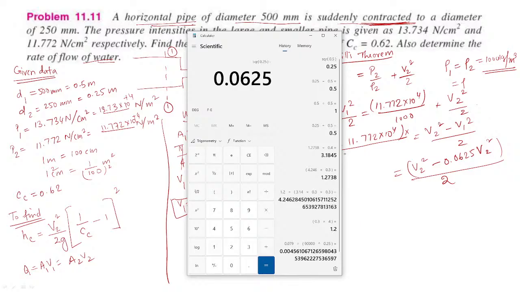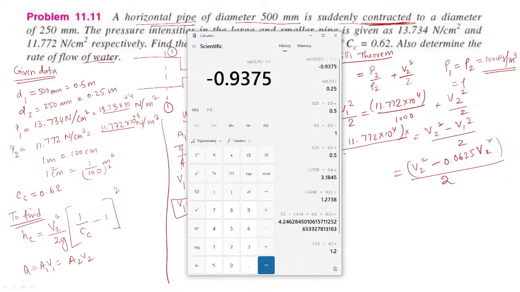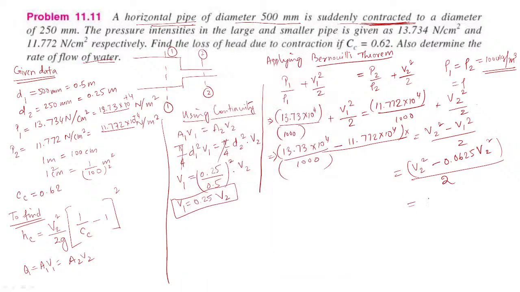So 1 minus 0.0625, which is 0.9375 of V2 square by 2, okay, and here you have 13.73 minus 11.772 into 10 power 4 by 1000, and the 1000 get cancelled off, and basically what you get, so V2 square.